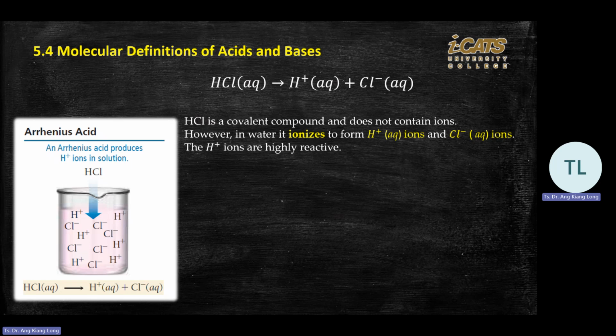Highly reactive means they are actively grabbing something to join team with them, because they only have one electron. And this is H plus. H plus means they lack partners. So they have no partners, so they need to grab someone to join them and become stable.